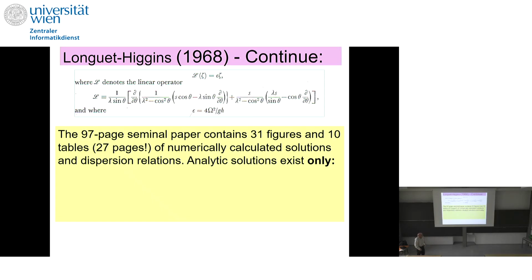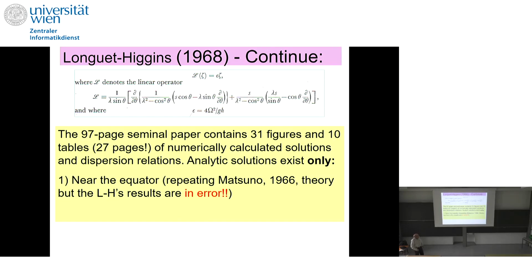And the analytic solutions are derived for two cases. One is very near the equator, when his theta is pi over 2, our phi is 0, in which case he gets expressions, but it's obvious that he didn't know about Matsuno's work, which was published 2 years earlier, but in Japan.